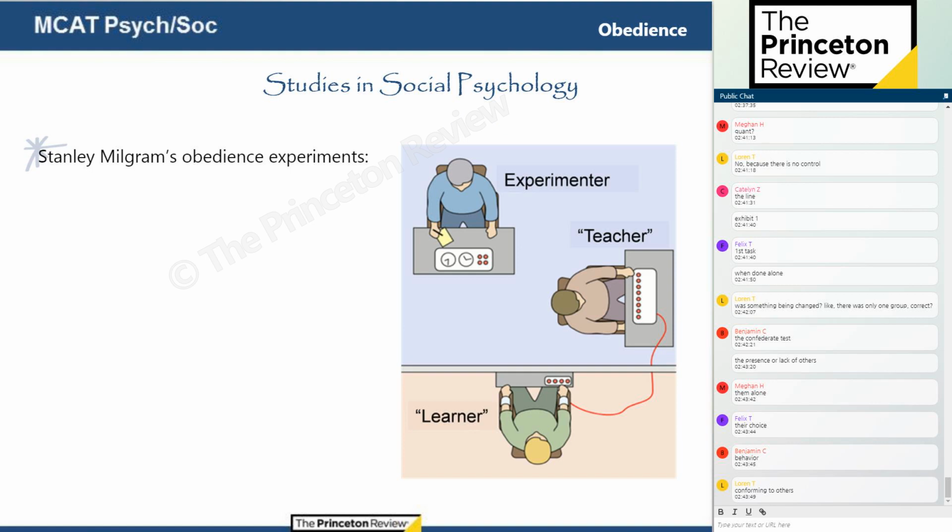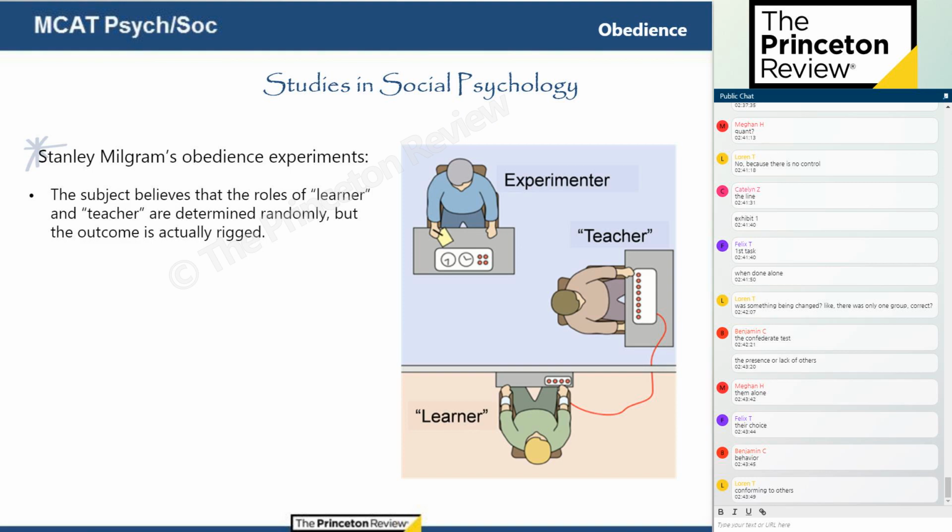Okay, another one. Milgram's obedience experiments. Okay, so the person that's sitting here in the role of teacher, that is the subject. The teacher believes that the learner is also a subject, but the learner is not. The learner is actually a Confederate.